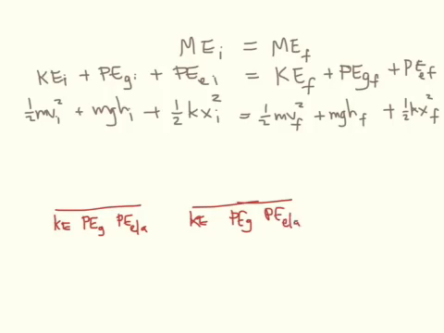And let's say at the beginning we have a lot of kinetic energy and nothing else. As time passes, we can take that kinetic energy and it's possible to transform it into other types. So if the object slows down, loses kinetic energy, it might gain some height, and also there might be a spring that gets compressed. So the amount of potential energy can change, the amount of kinetic energy can change. You can convert this into these. But the total, when you add up both of these columns together, the total has to equal the total on this side.